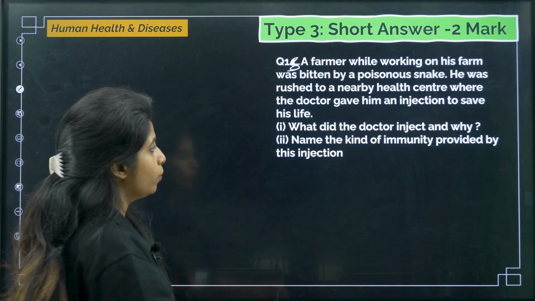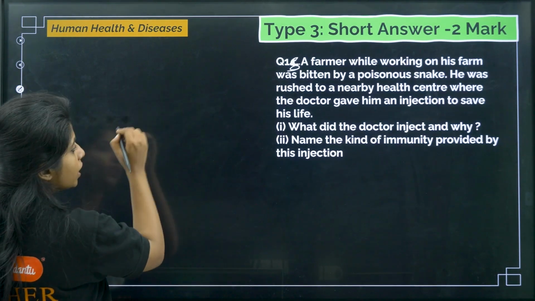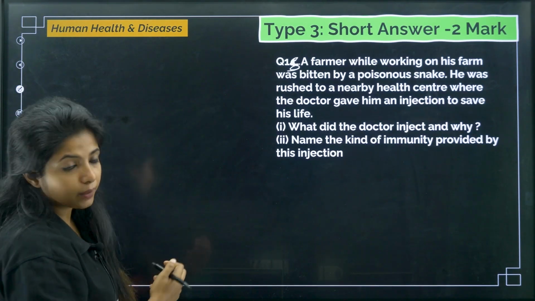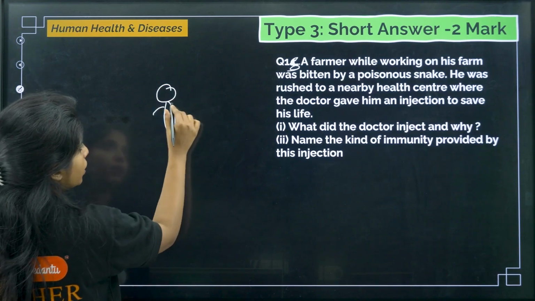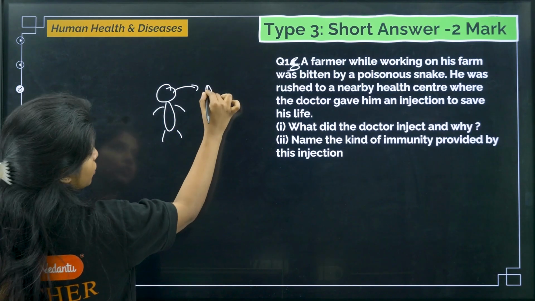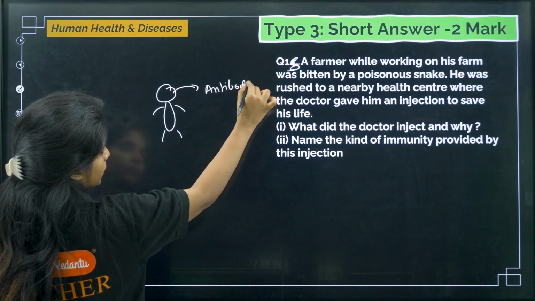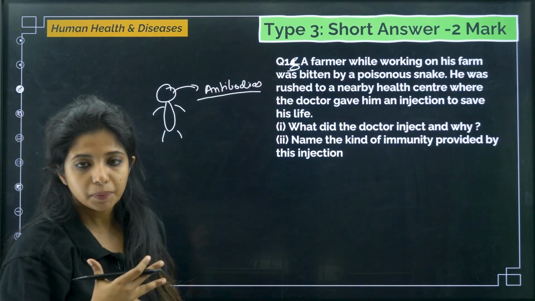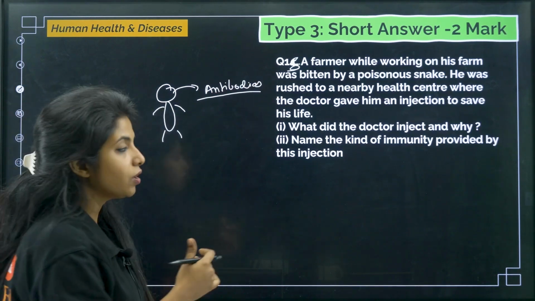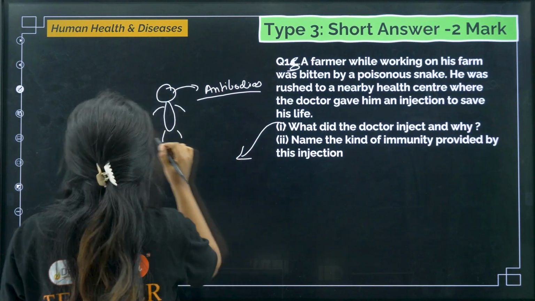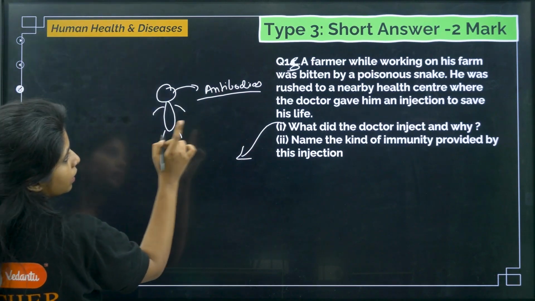I already told you, at this point of time, you cannot wait for your own body to release antibodies. You need sudden help. So at this point of time, obviously the doctor will be injecting what? It's a snake bite, right?